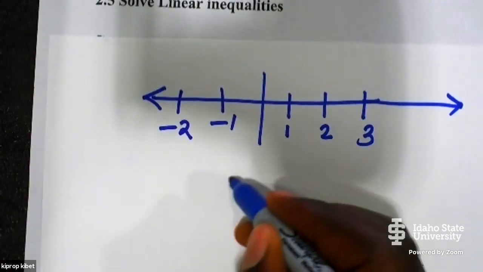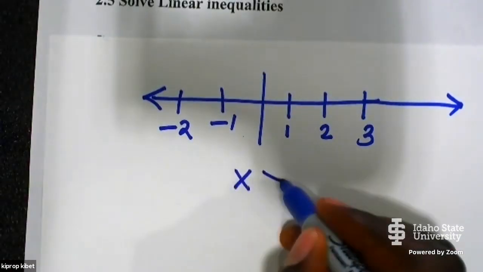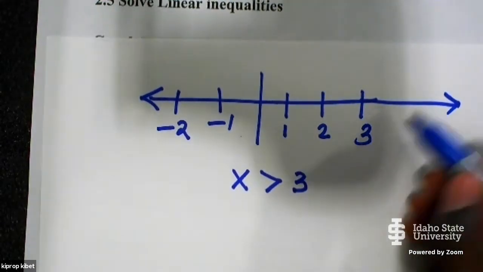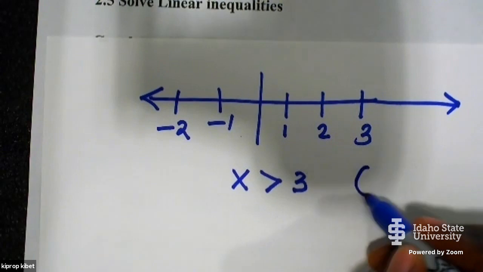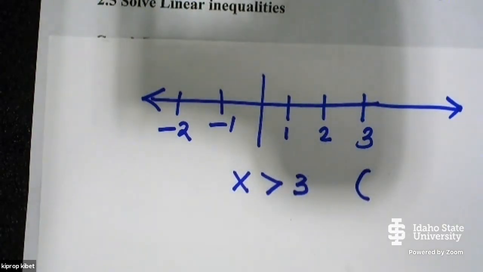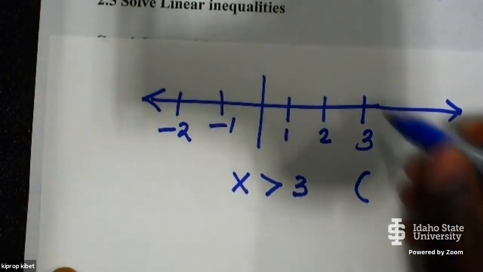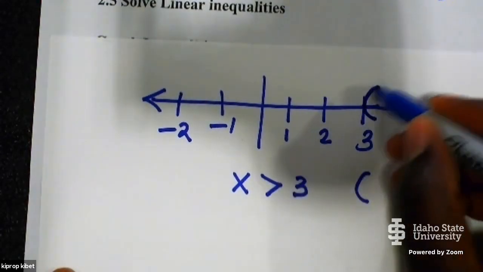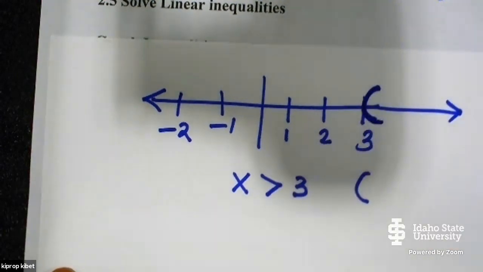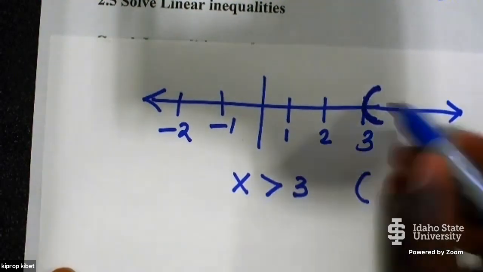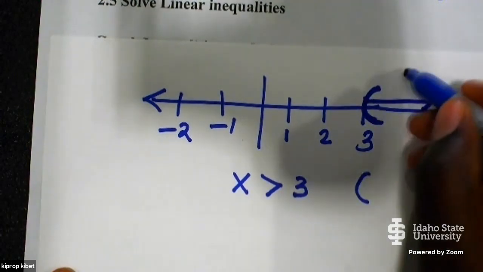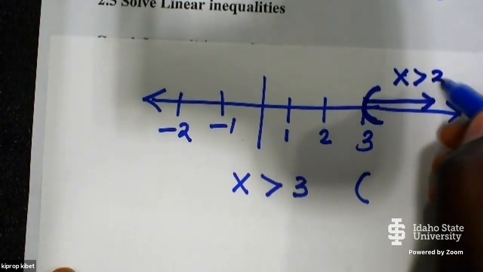So if it is x greater than 3, some books usually use that bracket over there. So here they can write like this. So you can also write like that. Okay. Then you put that one. So this is x greater than 3.